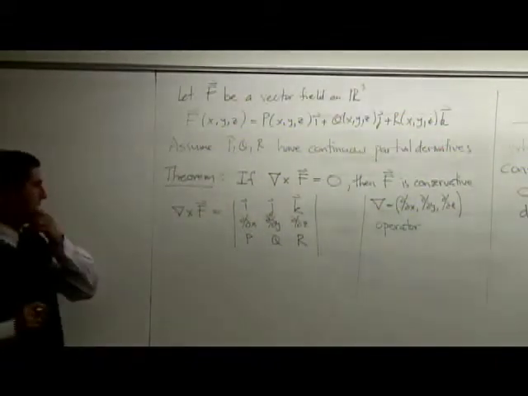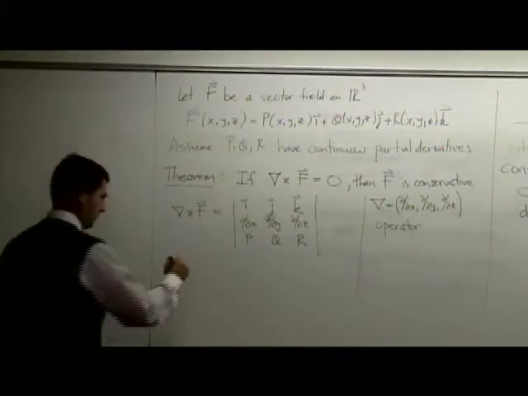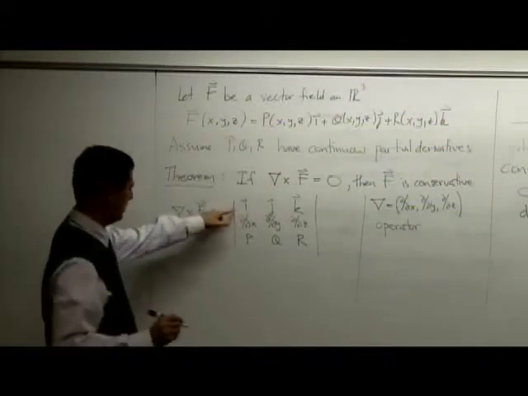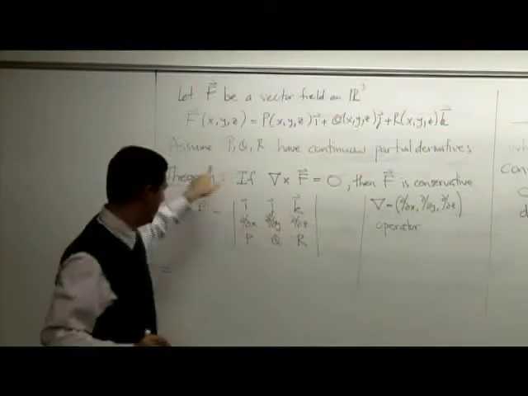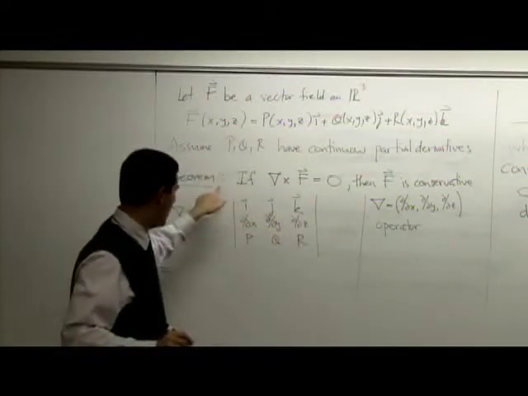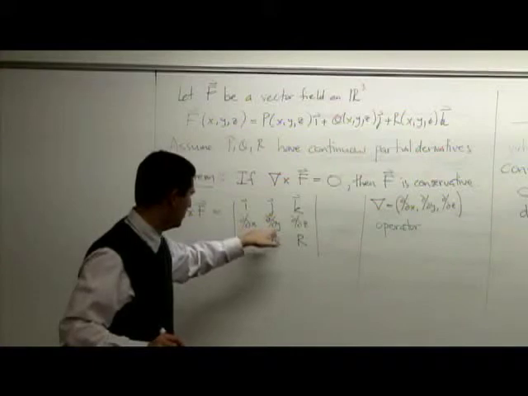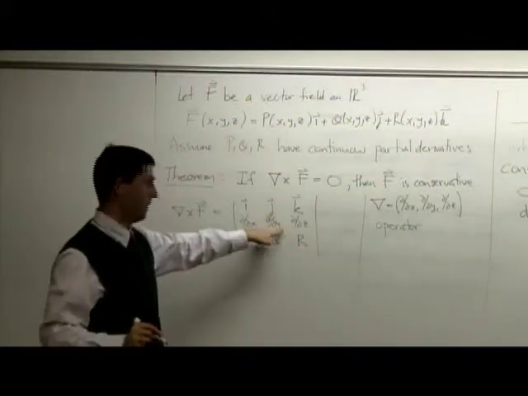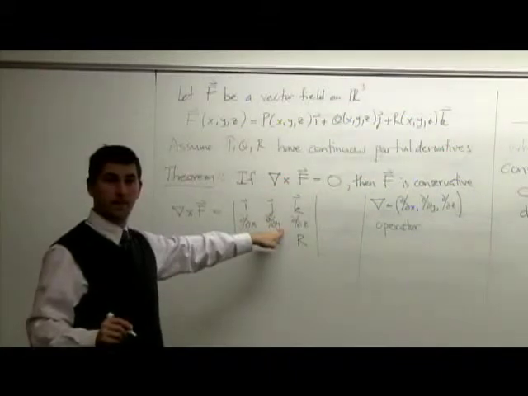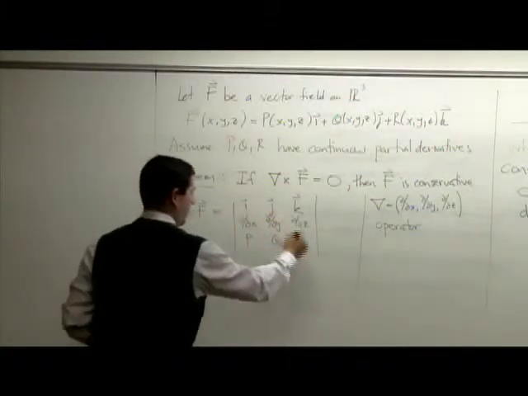Okay. So we can compute this just by, well, let's see, what do we do? Remember the determinant, you can use that cross-hatching method. So here we go this way. In the I, you get I, the partial of y, r. So this means you take the partial derivative of r with respect to y. So if I go this way, that's what I do.